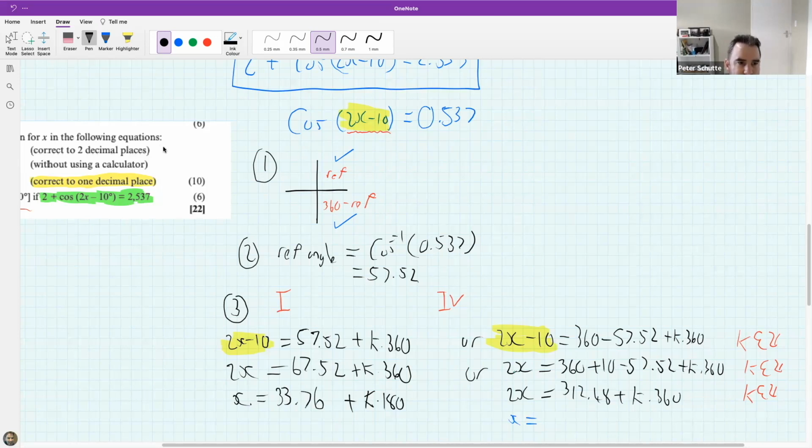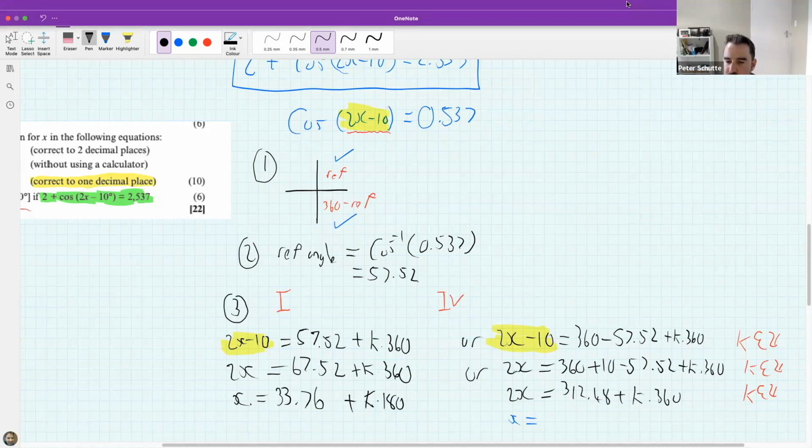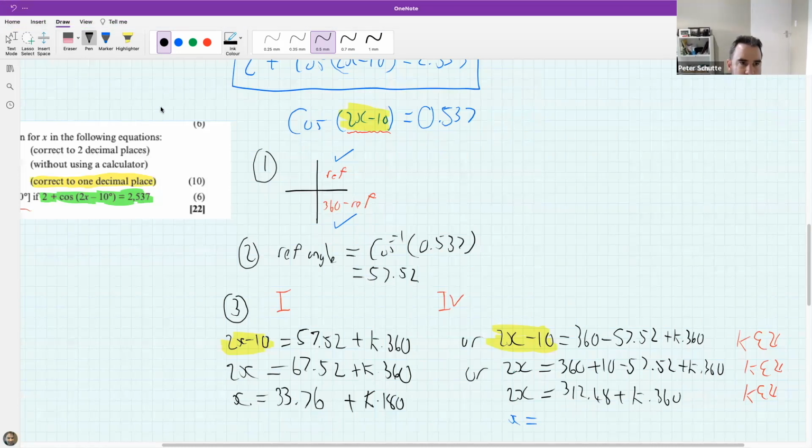And then on this side, you should have, what is 312.48 divided by 2? It's going to be 156.24 plus k times 180, and that would be the correct answer.